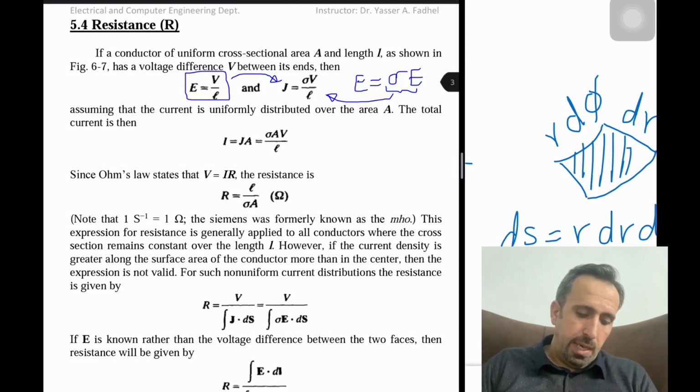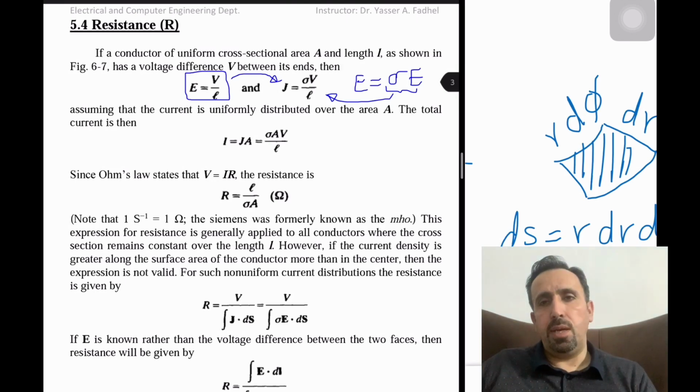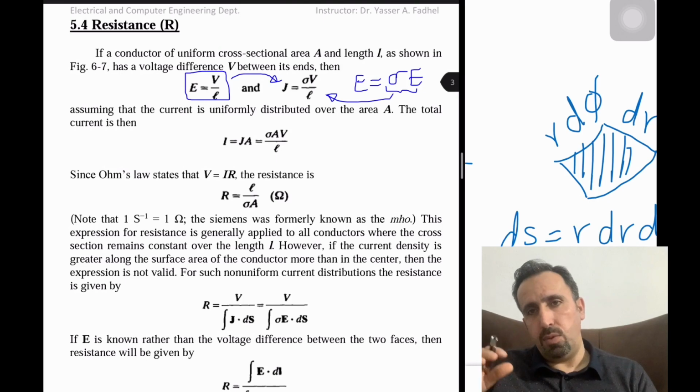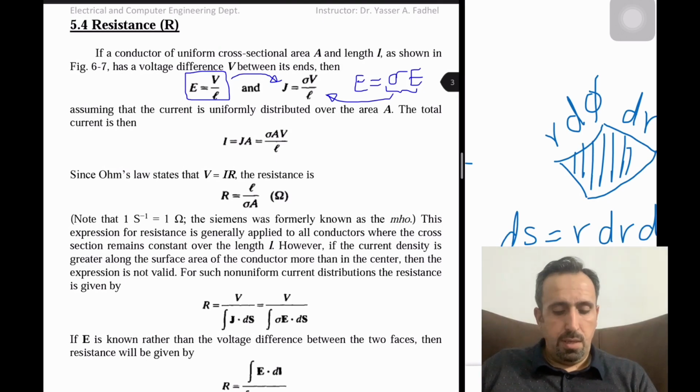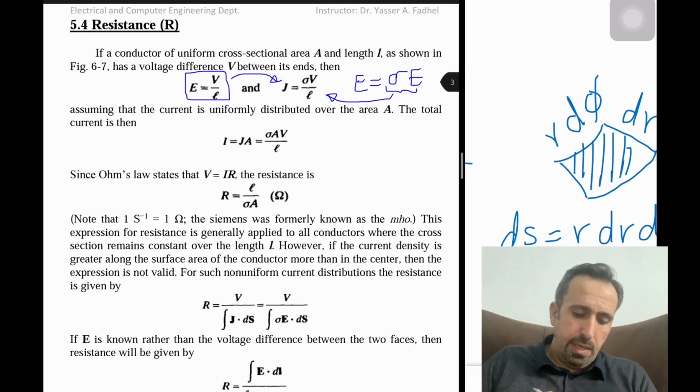Now, assuming that the current is uniformly distributed over the area, the total current is then, if you think about the relation between current density and the current itself, the current density, even from its units, is calculated by dividing the total current over a certain area.